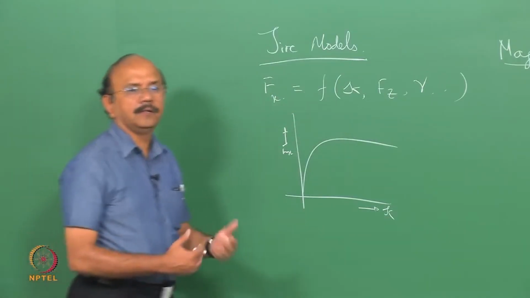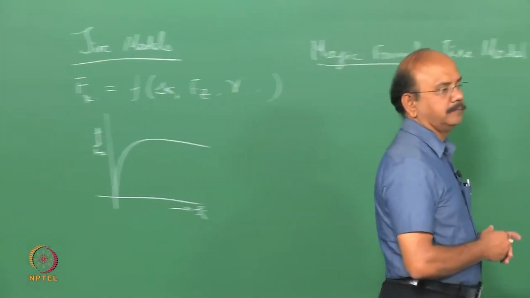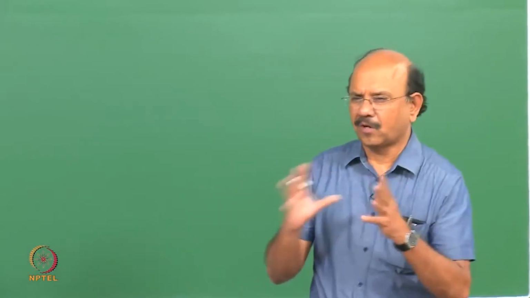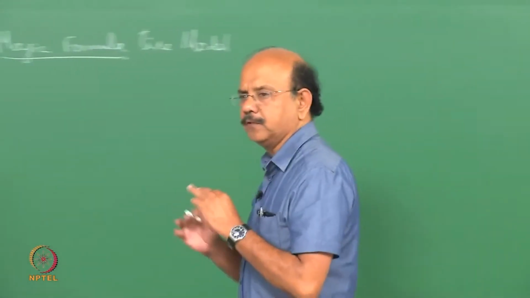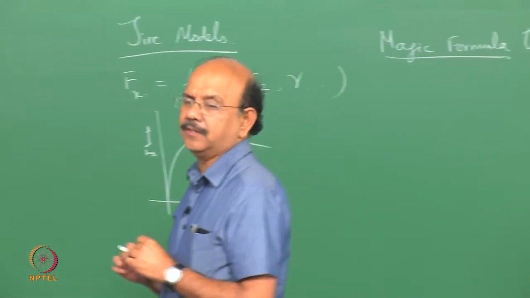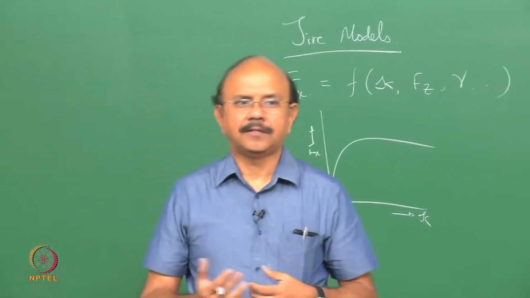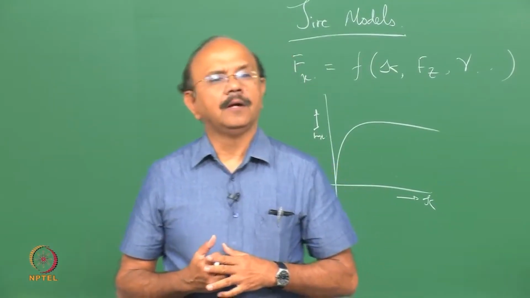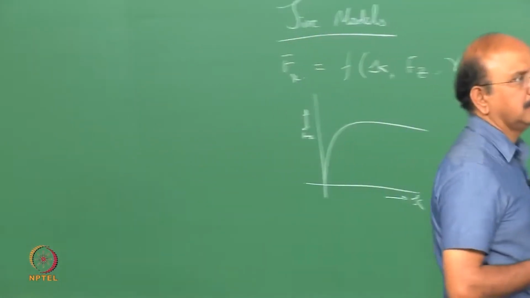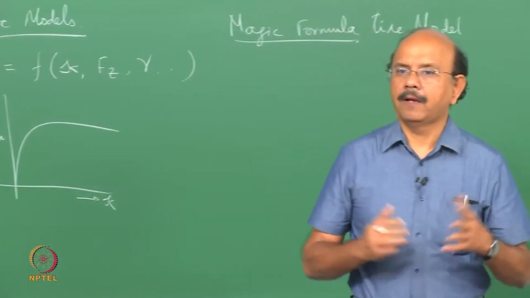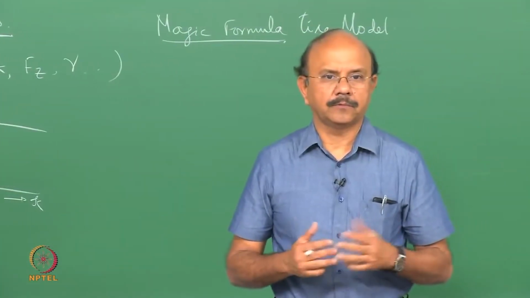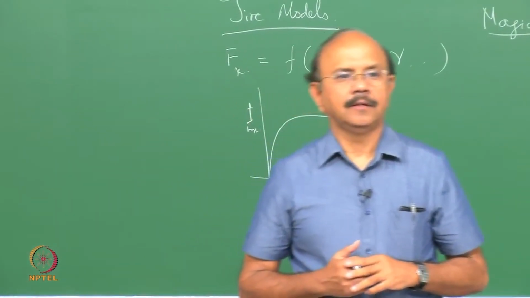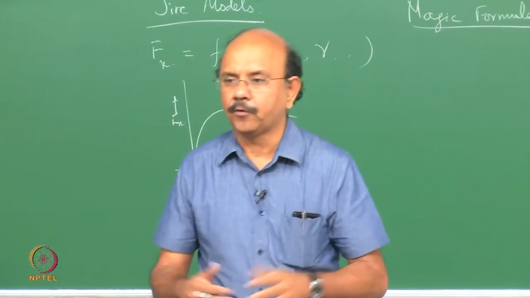And he with Mr. Bakker of Volvo company, they together, in 1987, around that, put up this formula, initially called the Pacejka tire model, or sometimes later it was called the magic formula tire model, and so on. 87 to 89, there were 2 or 3 papers in SAE which actually formed the basis or laid the foundation.